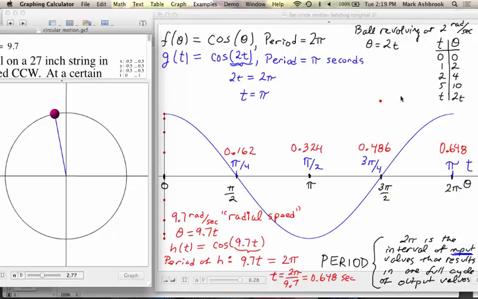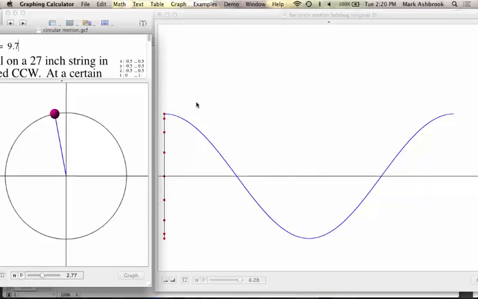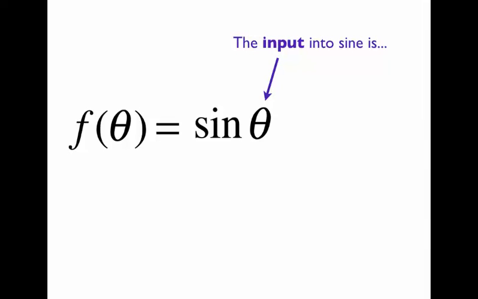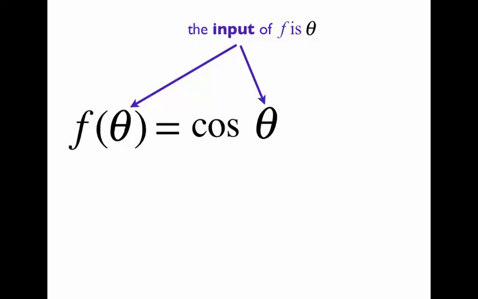All right, so let's summarize here. Can I erase? Any questions? So our f function. Okay, so we started with the f function.